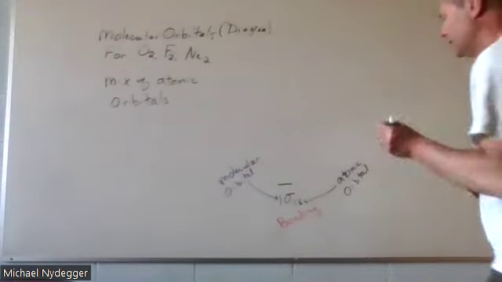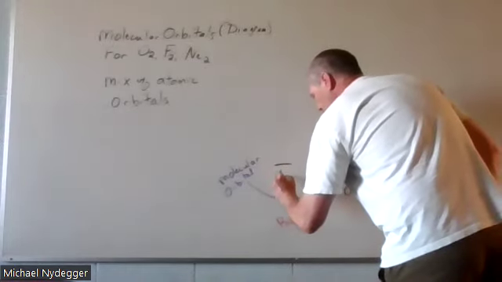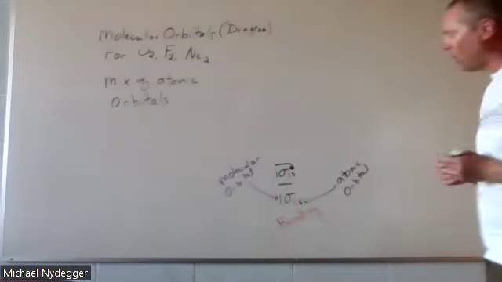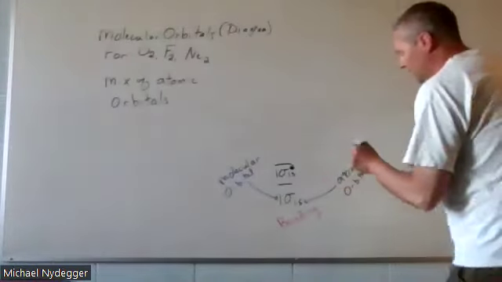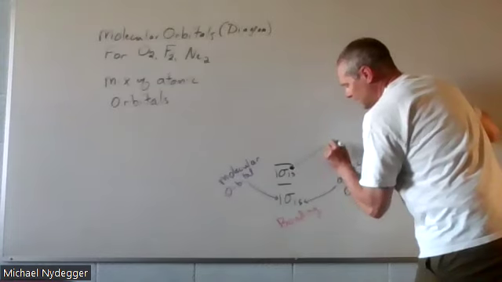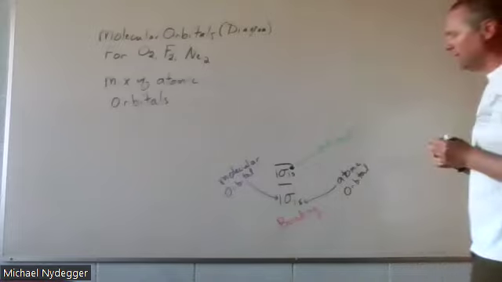All right. The next orbital up here is a 1 sigma 1s, and we put the star there. Now this star indicates anti-bonding.